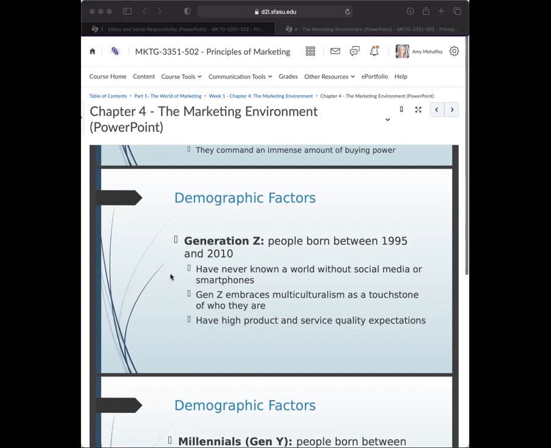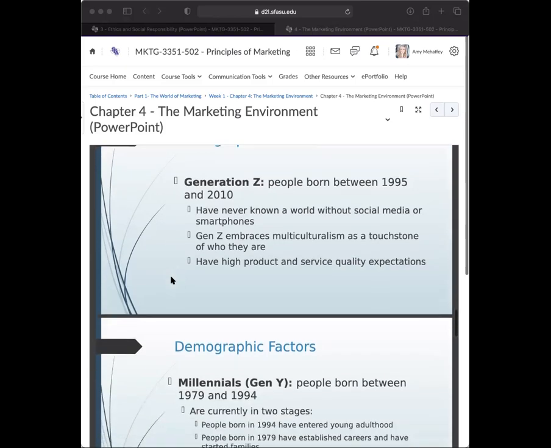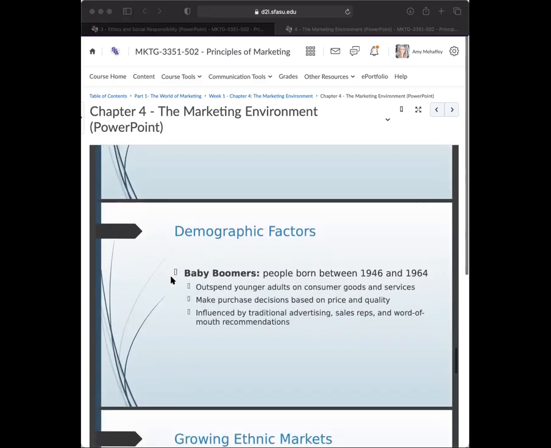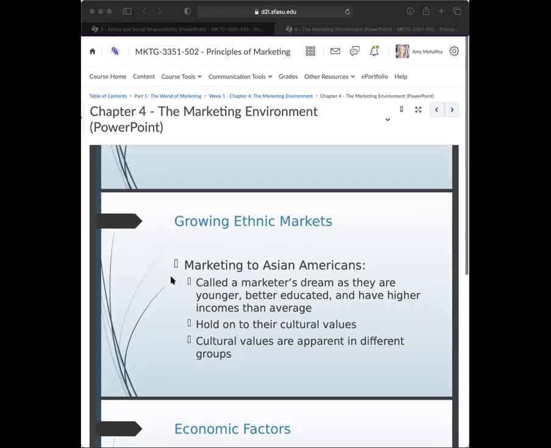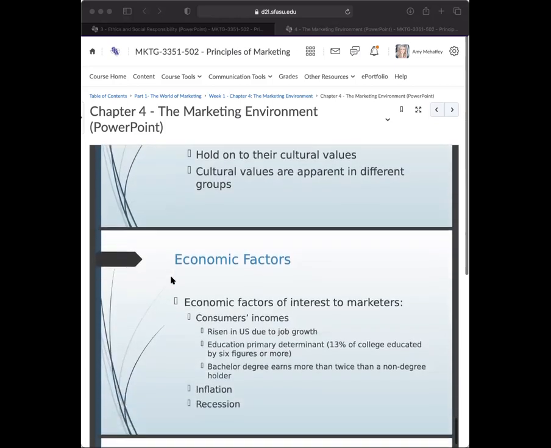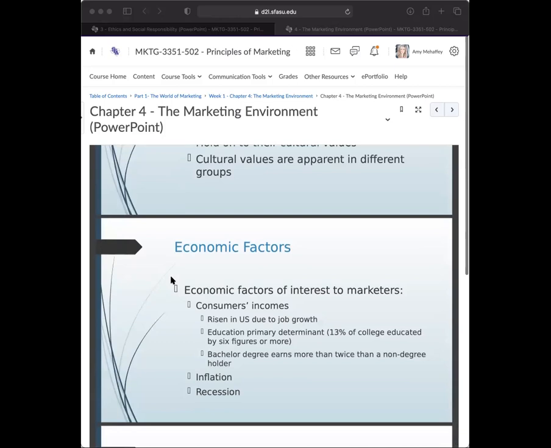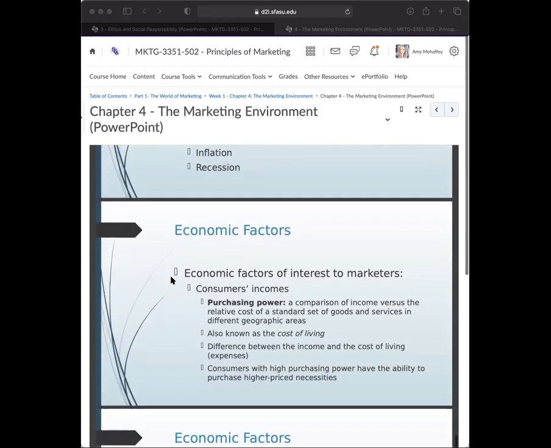And so it's really important that I understand how to tailor my message and understand these demographic factors, whether that be ethnic, whether that be age, whether that be geography, so that I can speak to that group in a meaningful way so that they not only see value in what I'm offering, let's say I'm selling a product to one of these groups, but they also understand and connect with me and they want to be part of what I have to offer and what products I have to offer.